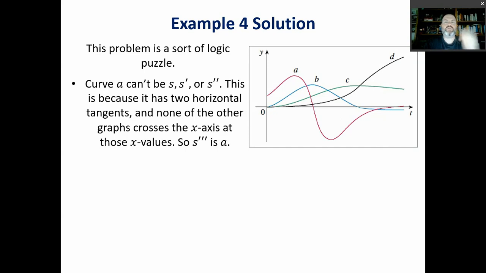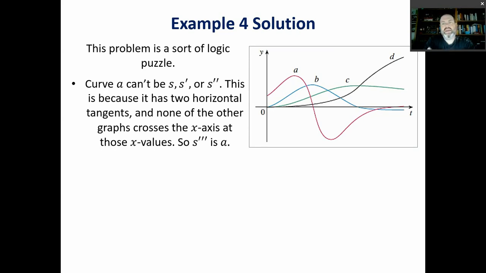If A was the original function, then it would need to have a graph that crossed the x-axis twice at those numbers, just like we saw in example 1. But because that doesn't exist, that means the derivative of A does not appear on this graph anywhere. That means A must be the highest order derivative, so it's S triple prime.